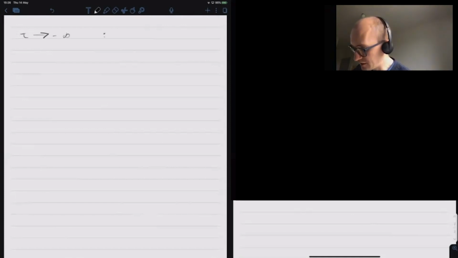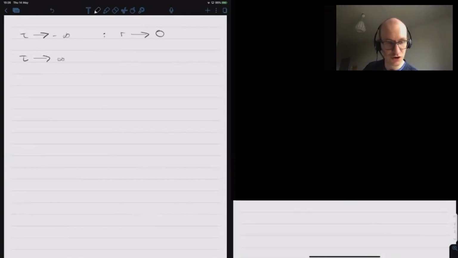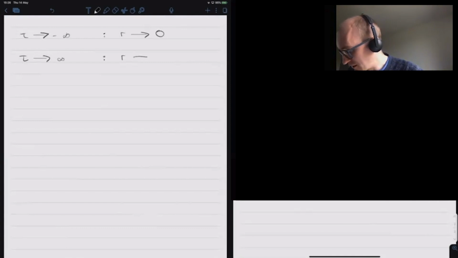Well, this was radius going to 0 in the r variable. And if tau goes to plus infinity, I'm in the infinite future. This is of course still Euclidean time, so I'm using future and past in the Euclidean time. This was the same as r going to infinity.